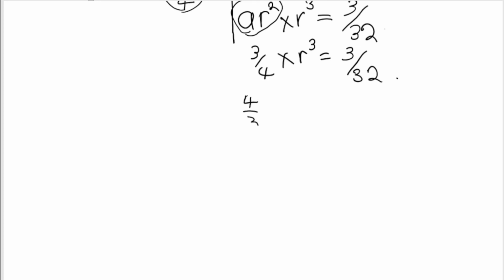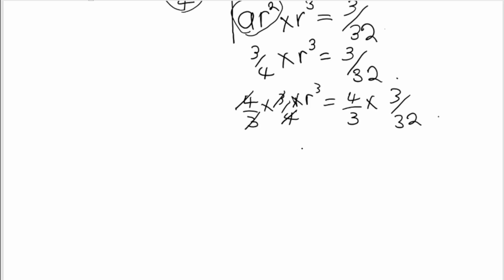So 4 over 3 multiplied by 3 over 4 times r cubed is equal to 4 over 3 times 3 over 32. So the 4 will divide, the 3 will divide, we remain with r cubed, that is equal to, here the 3 and the 3 will divide, the 4 also divides with 32, it's 8. So the answer is 1 over 8.